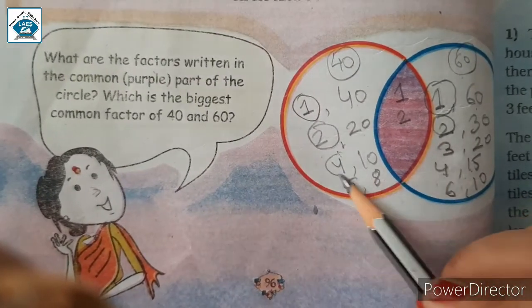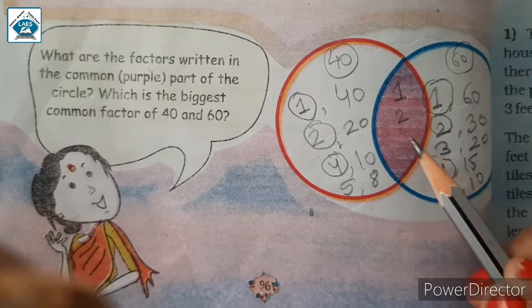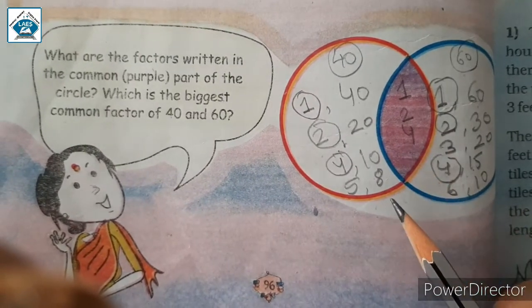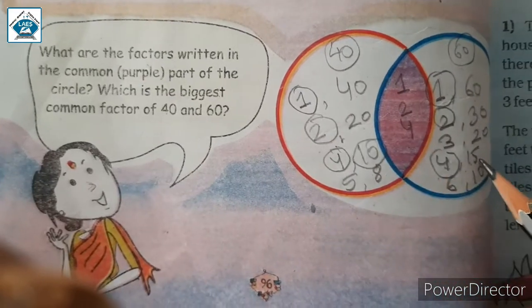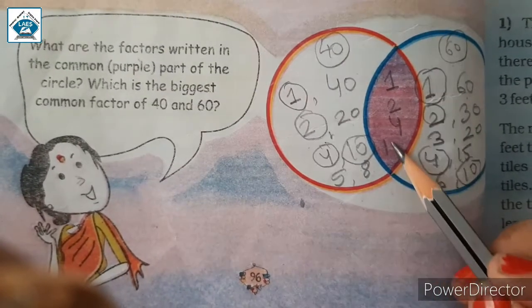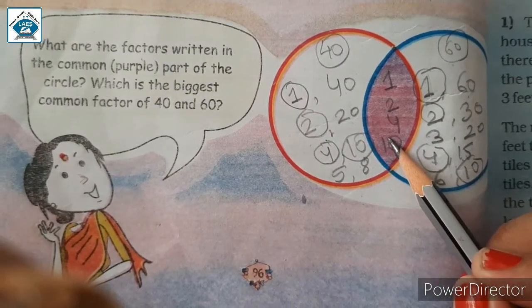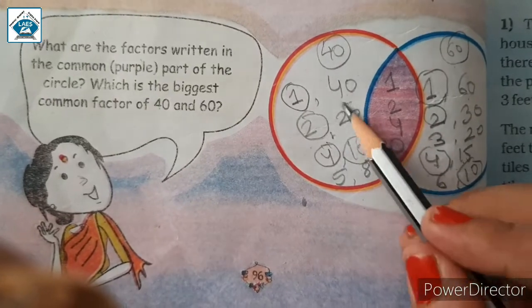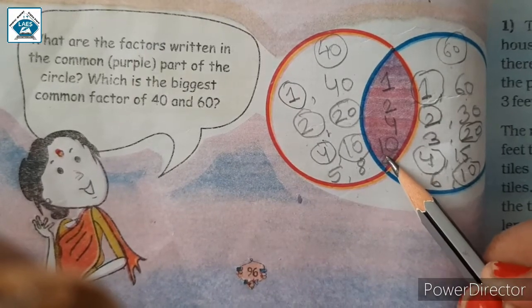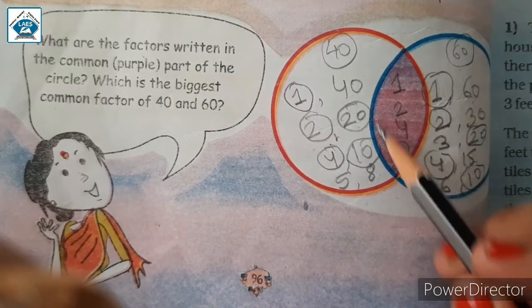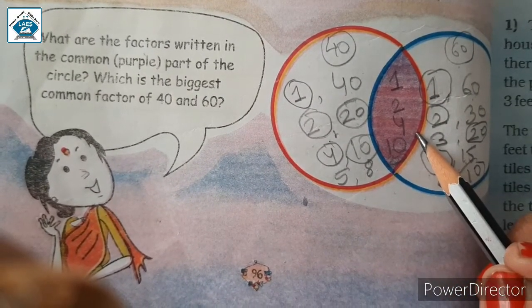Then number 4, so write 4. Then 10. And next number 20, so write 20. These are the common factors of 40 and 60.